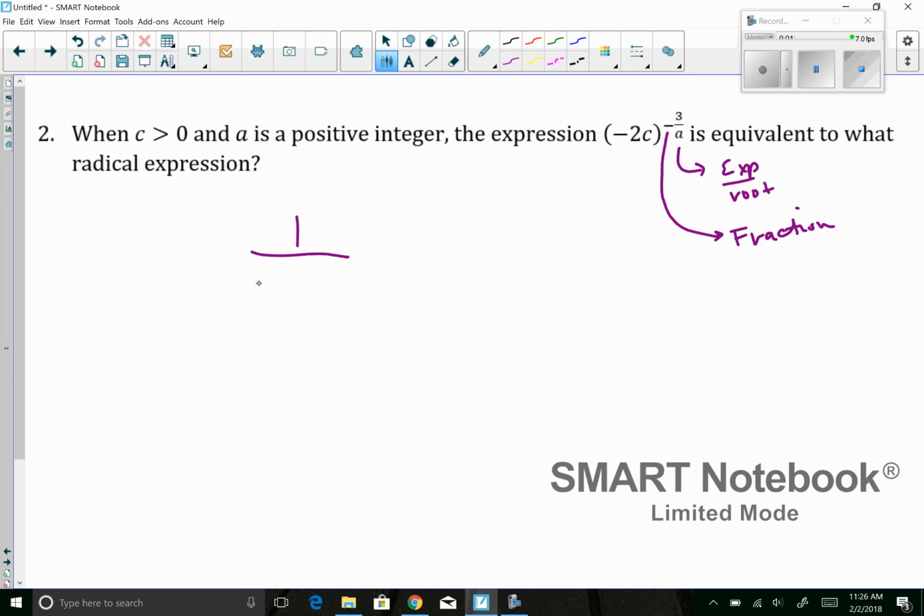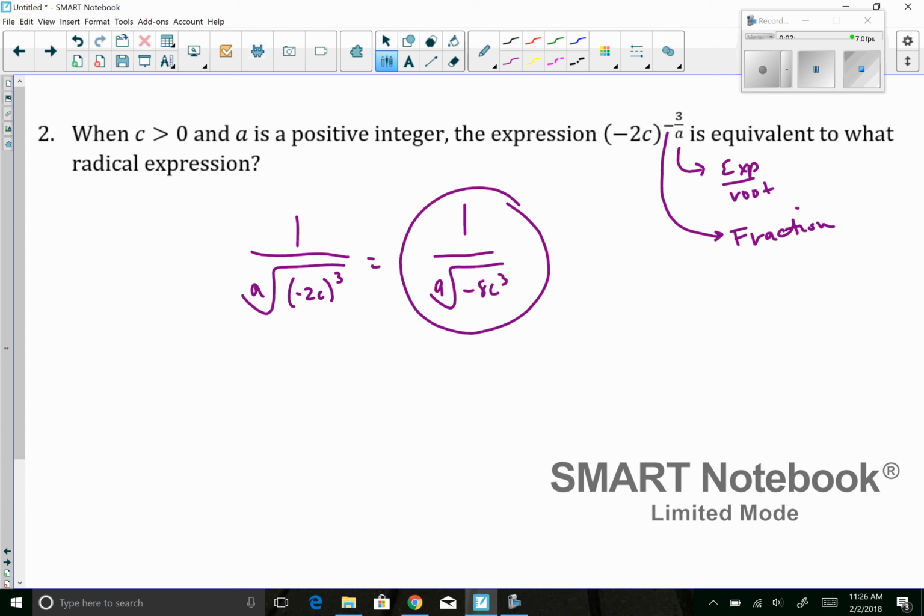I know the index is a, so I have an a root of negative 2c to the 3rd power. If I wanted to simplify that further, I can say 1 over the 8th root of negative 8c to the 3rd power. That would be the best possible answer.